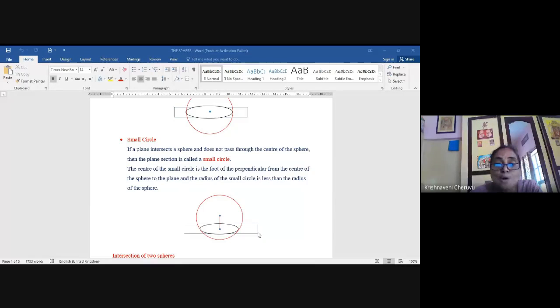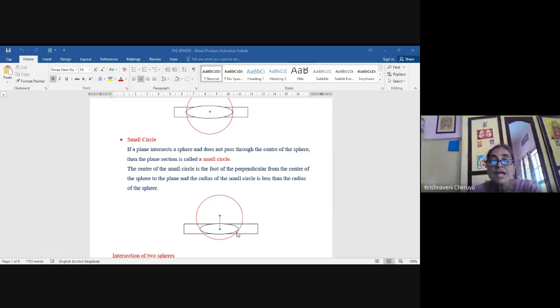So in case of small circle, you will get the center of the circle as the foot of the perpendicular from the center of the sphere to the plane. Already we discussed how to find out the foot of the perpendicular from a point to the plane when we were discussing the plane problems and line problems. So that is why I told you those problems are very important. Here also we will be coming across such problems.